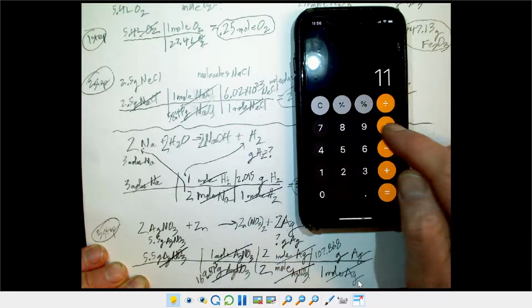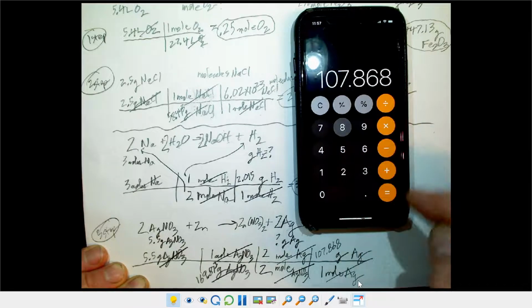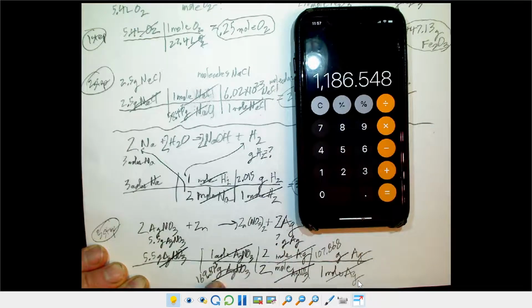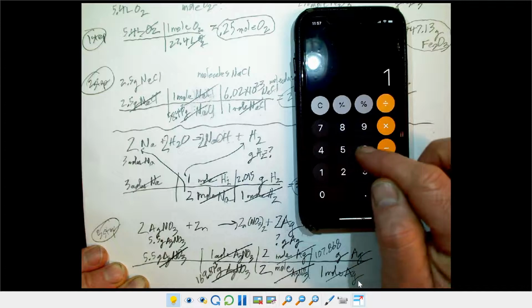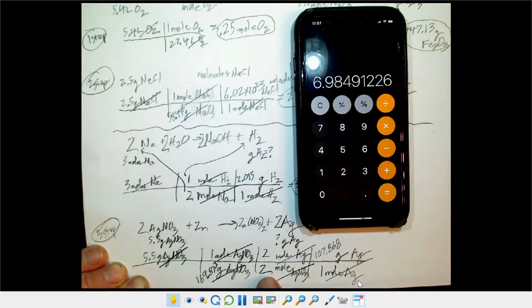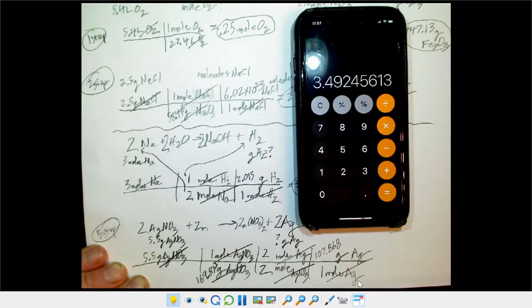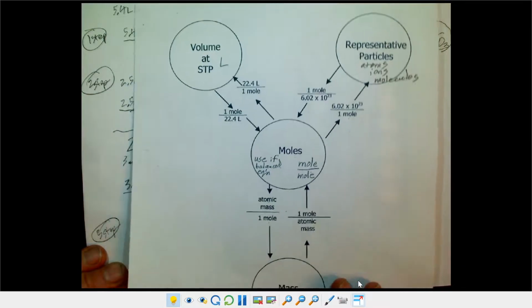And we're going to multiply it by 107.868. And then we're going to divide by 169.873. And then we're going to divide by 2. And that gives you 3.49 as our answer. Grams of Ag. A lot of work, but if you use this little guy right here, the mole map, it makes your life a heck of a lot easier.